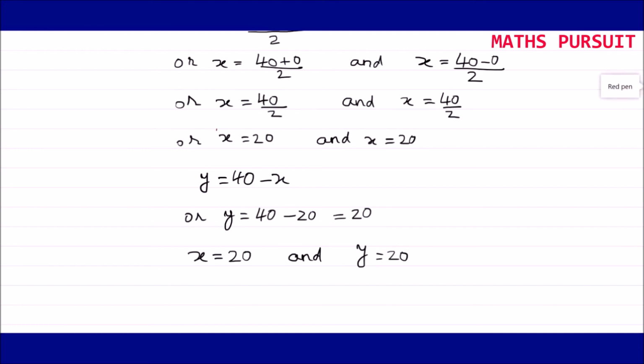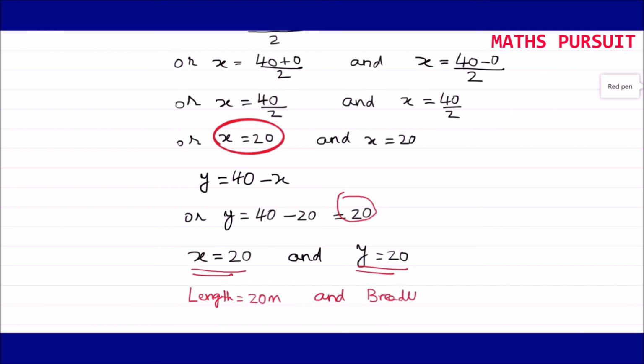So you could see that from here we got the value of x is 20, and from here we got the value of x is 20. So that is what we got: the value of x is equal to 20 and the value of y is equal to 20. That is, we assumed x to be the length, so length is equal to 20 meter, and we assumed y is breadth, so breadth is equal to 20 meter.